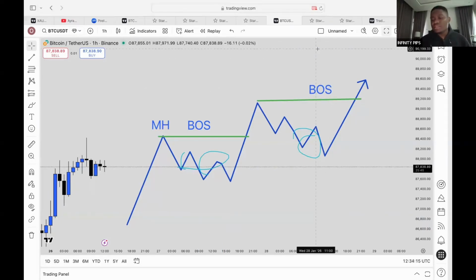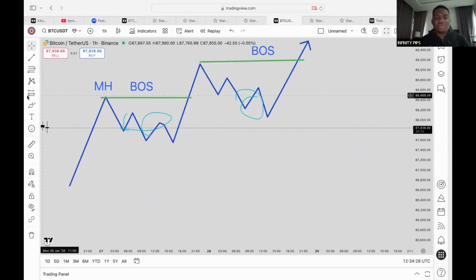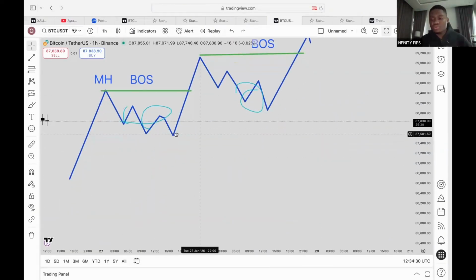Now, if it was a sell, the reverse is the opposite, right? If it was a sell, it is still basically the same thing. So let me quickly draw that out just in case you don't know that.